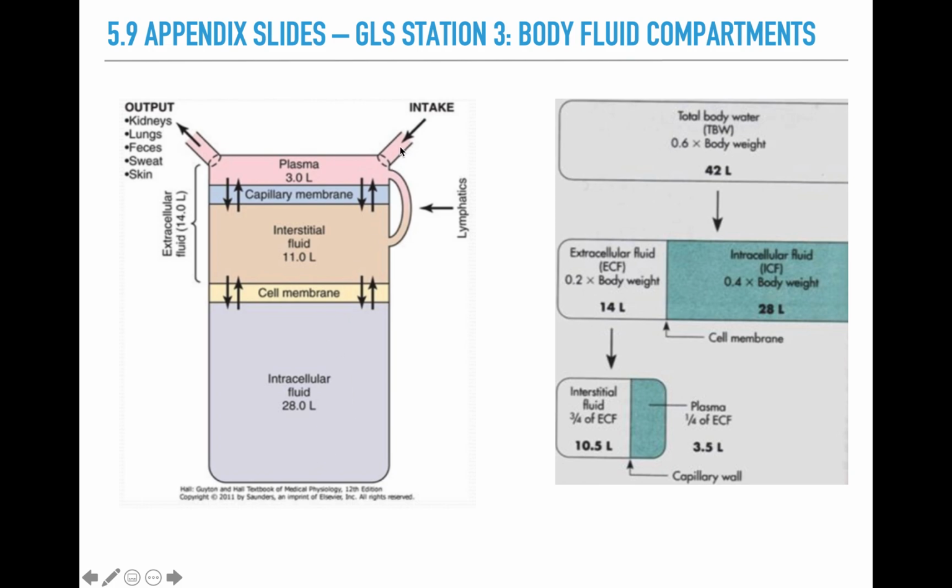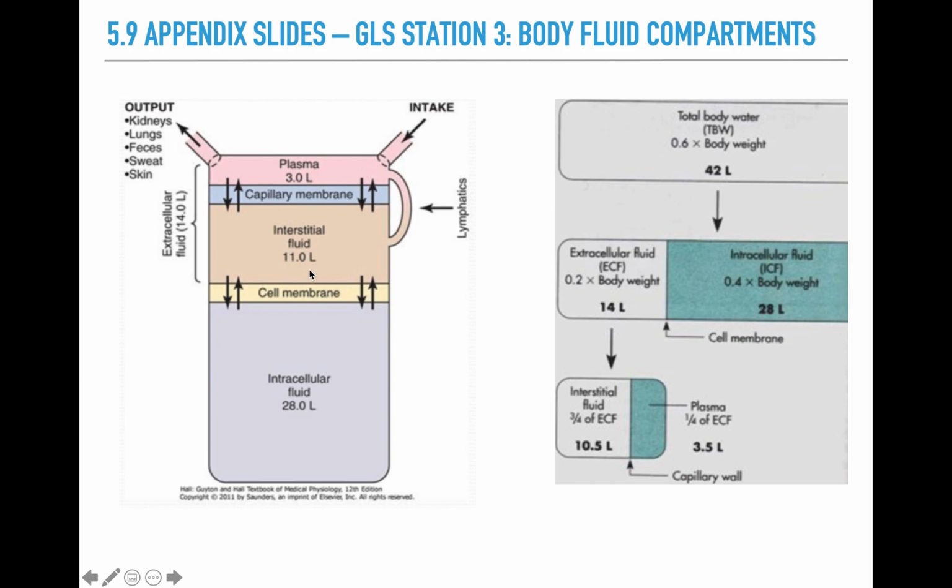So if you give 1 liter of glucose, it will distribute across the entire total body water volume. And that's different from normal saline, which just stays here in the extracellular compartment.